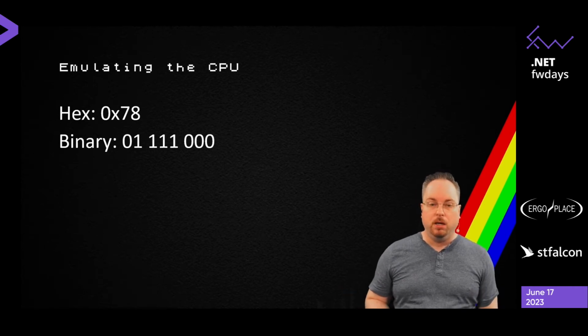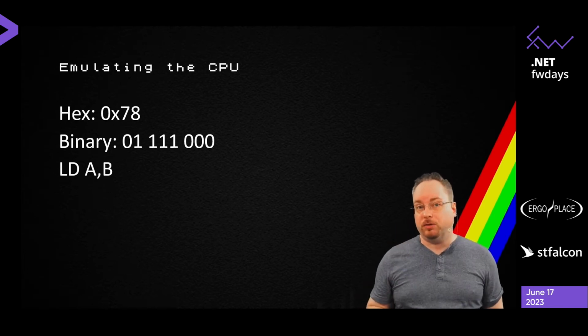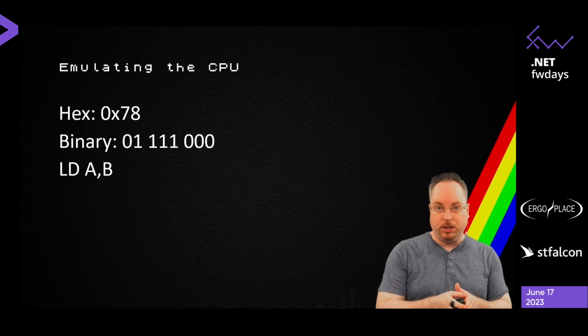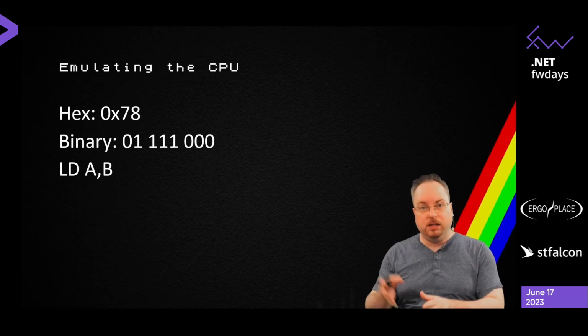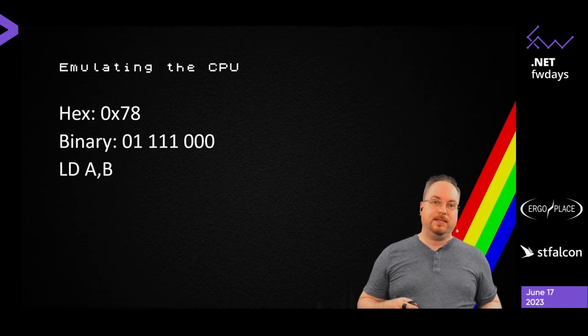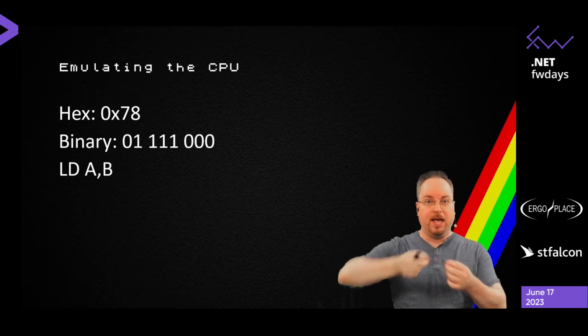Okay, so I wonder what that does. Well, the assembler instruction is LD A,B. It loads the A register with the value from the B register. So basically what it says is take the B variable and put it into the A variable.